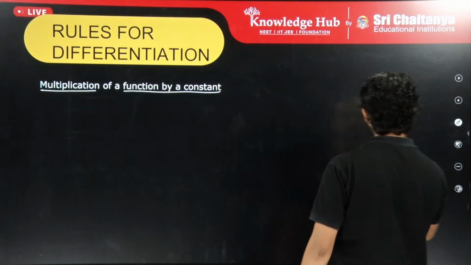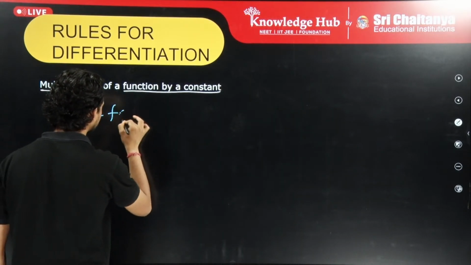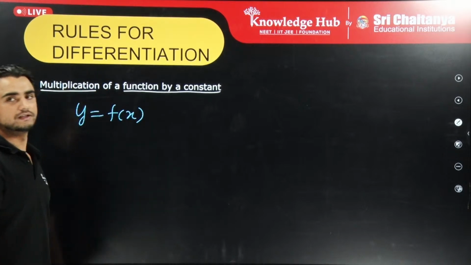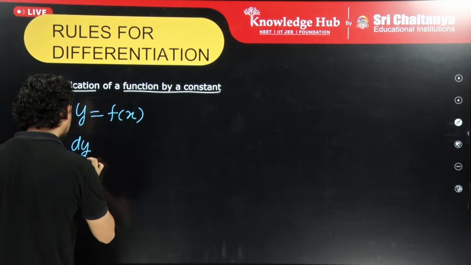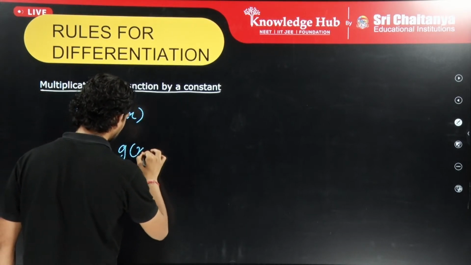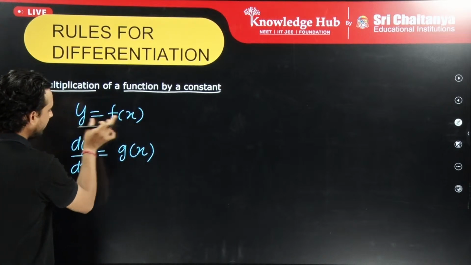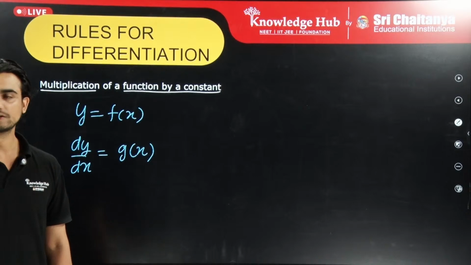So what is the rule here? Let's say I have a function y equals f of x, and I find the derivative of that function. Let the derivative of this function be some function g of x.